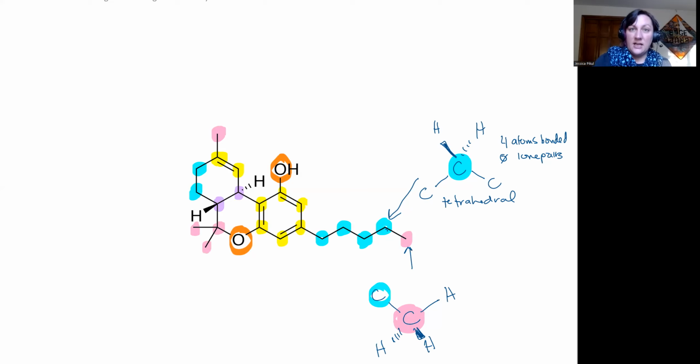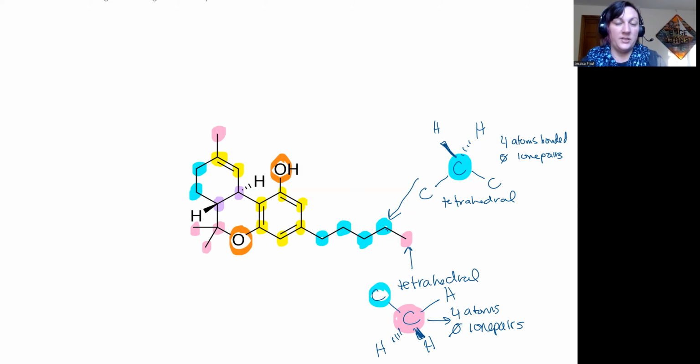So if I look at this again, it has 4 atoms bonded. It has 0 lone pairs. And so this will be tetrahedral as well. That'll be the same geometry at any of those points in this molecule where the carbon is bonded to those 3 hydrogens and then another carbon atom.